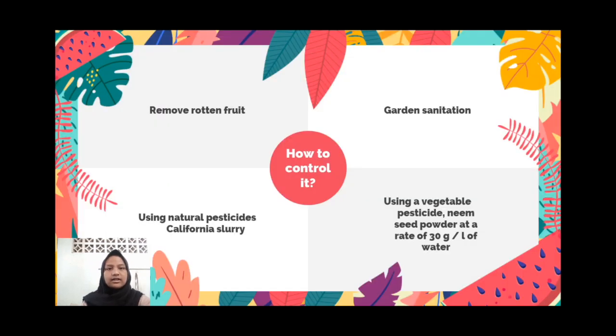And how to control it? To control anthracnose disease, we can remove rotten fruit and do garden sanitation. We can also use natural pesticide California slurry, or use vegetable pesticide neem seed powder at a rate of 30 grams per liter of water.